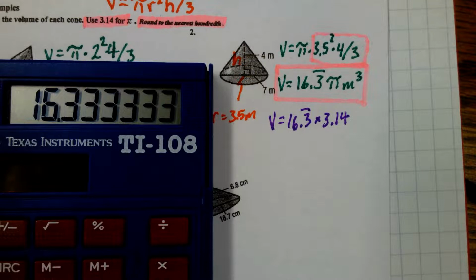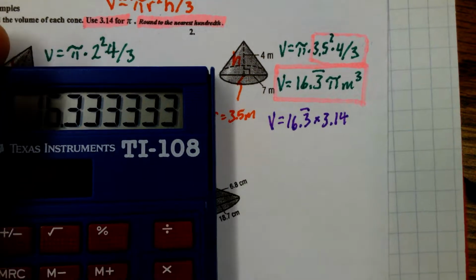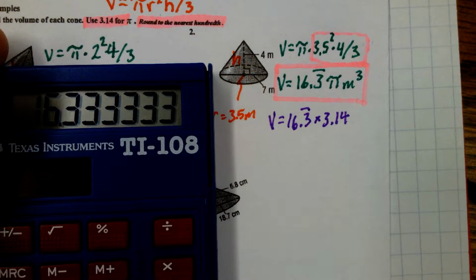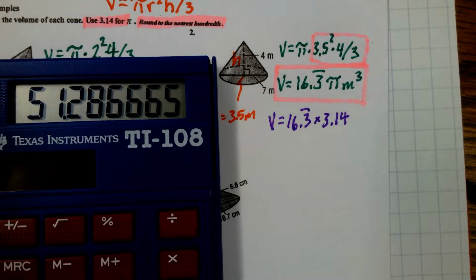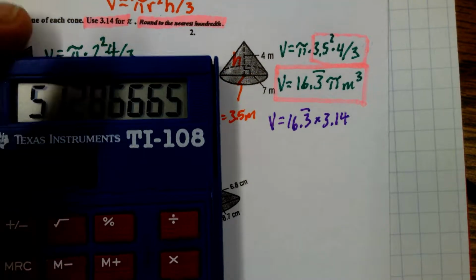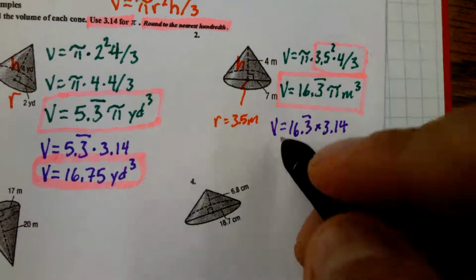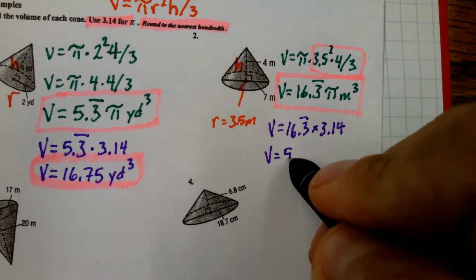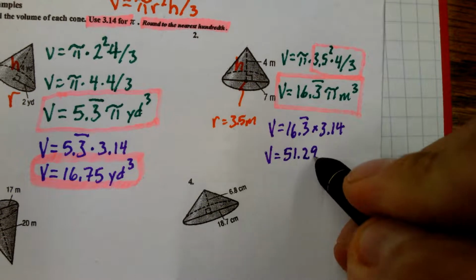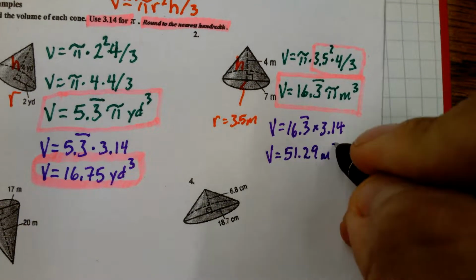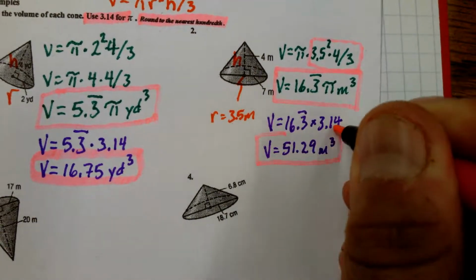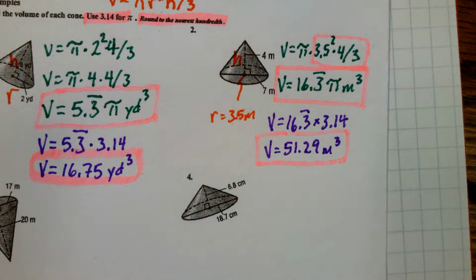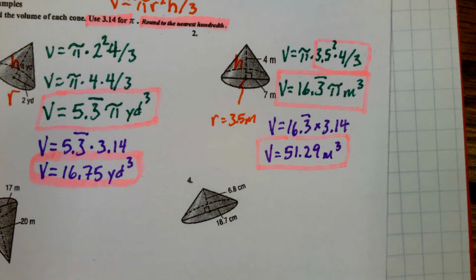So take that number, 16.3 repeating, multiply it by 3.14. 51.29 cubic meters.